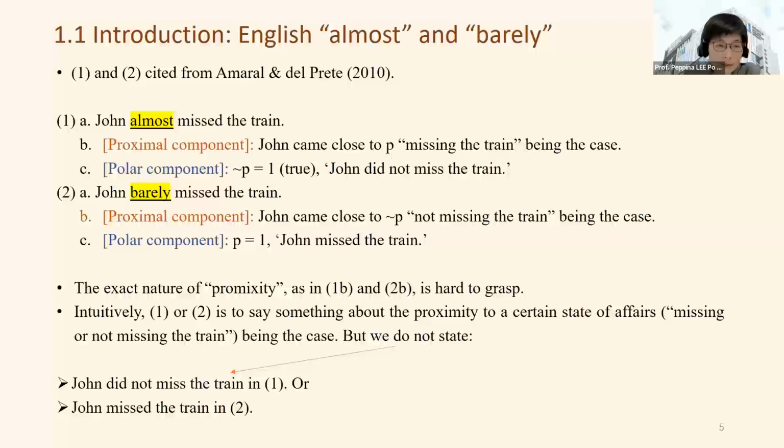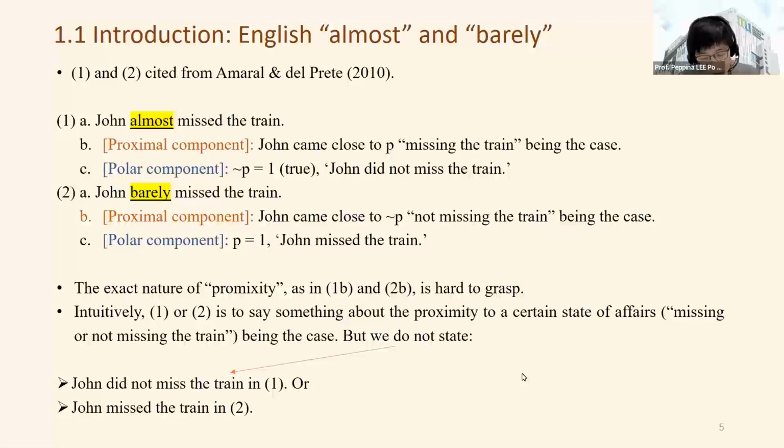However, in the proximal component, it is negative P, but not P. So people argue that barely has a kind of negative meaning hidden in there. For the polar component, the operation is similar to almost. If the proximal component is negative P, then the polar component will reverse the polarity to P. In other words, the sentence John missed the train becomes true in 2A.